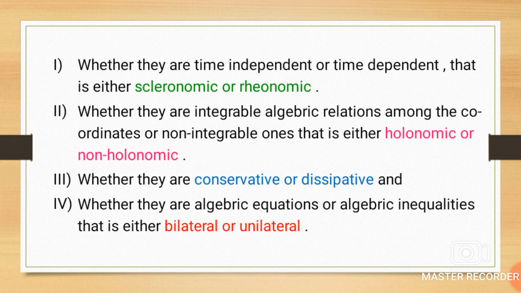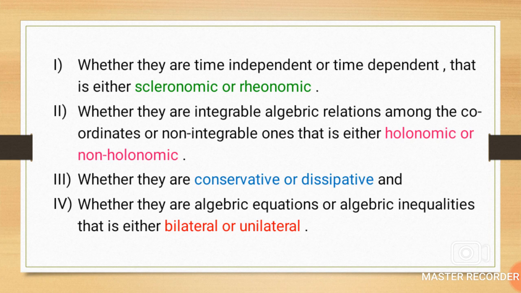Second criteria is whether they are integrable algebraic relations among the coordinates or non-integrable ones, that is either holonomic or non-holonomic. Suppose we have a particular constraint on a system, and we are able to express it in the form of integrable algebraic relations, then this constraint is known as the holonomic constraint.